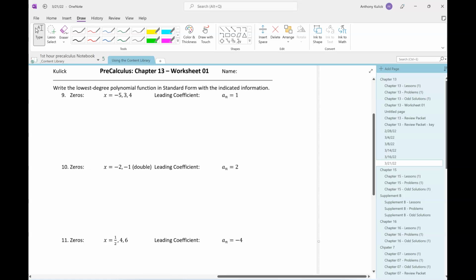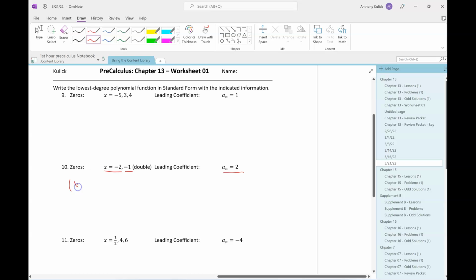It says that we want to write the lowest degree polynomial function in standard form that meets the indicated information. So I have x minus 2 is a 0. X minus 1 is a double, so it has multiplicity 2. And the leading coefficient should be 2.